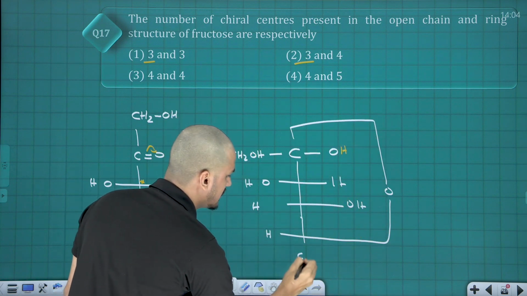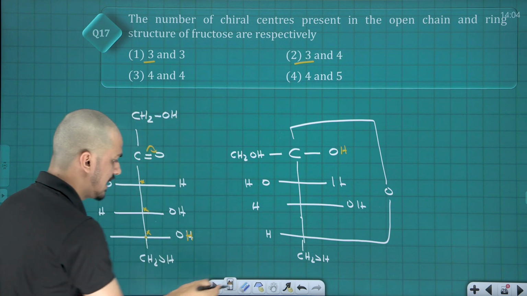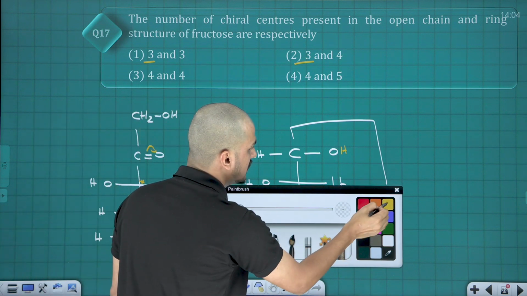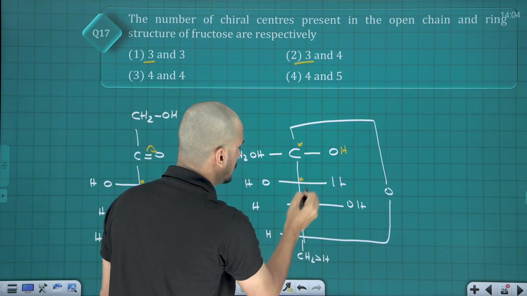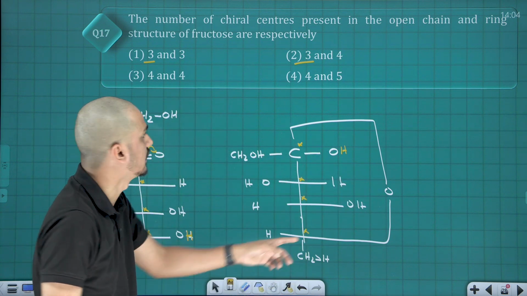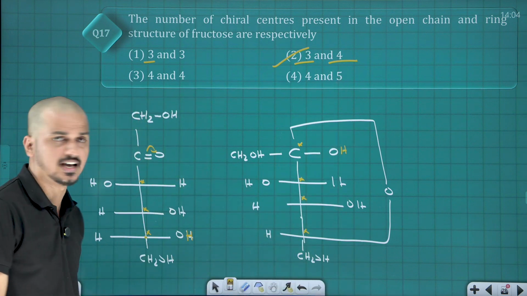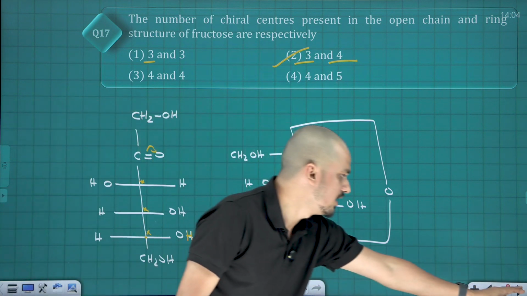Here CH2OH is there, like this. Now how many carbons are chiral centers? You can see this one is a chiral center, 2, 3 and 4. Once you draw the ring structure, 1, 2, 3, 4 are there. So 3 and 4 is the answer. Option 2 is the correct answer. Ready guys? Yeah. We can move to the next question.